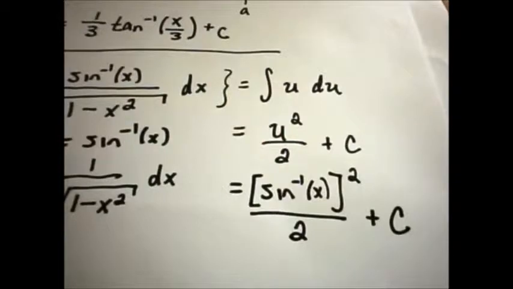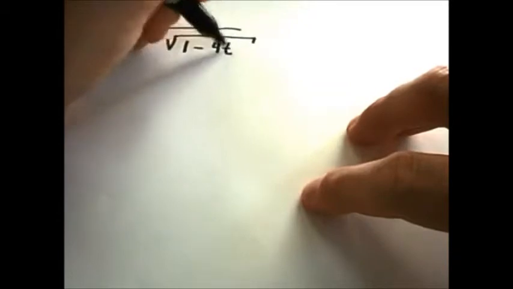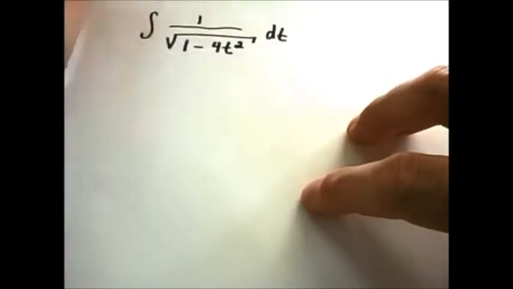So we can rewrite this entire integral as simply the integral of u du. If we integrate u to the first, we'll get u squared over 2 plus c. And now all we have to do is plug our u value back in. We get arcsine of x, squared, over 2 plus c. And that'll be our antiderivative.